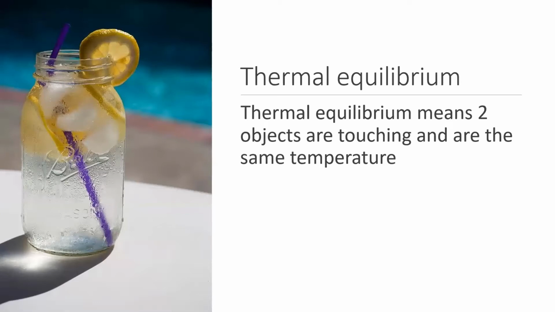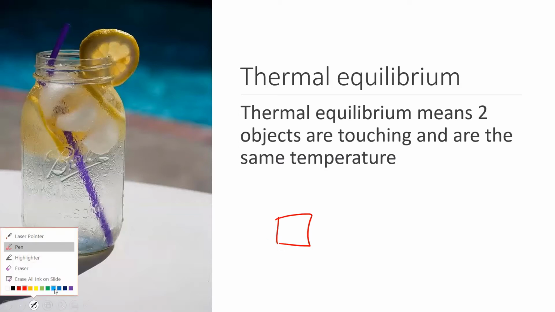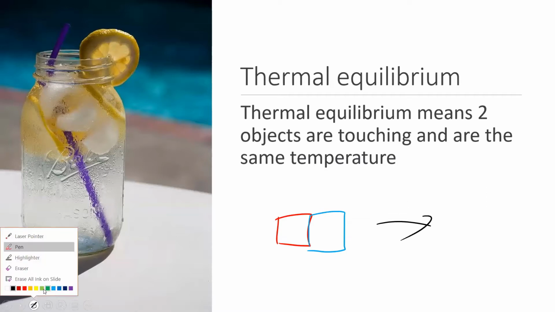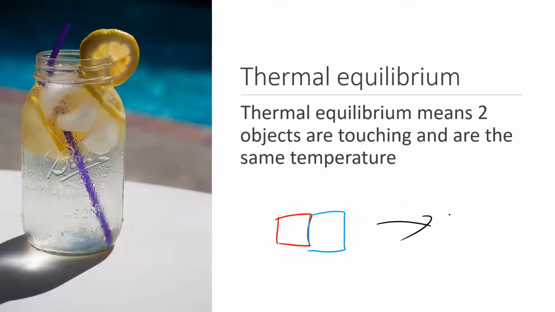When you start off with two objects, you might start off with a really, really hot object and a really, really cold object. And then over time, they will turn into two objects of the same rough temperature. And that is when they're at thermal equilibrium, when they're the same temperature.